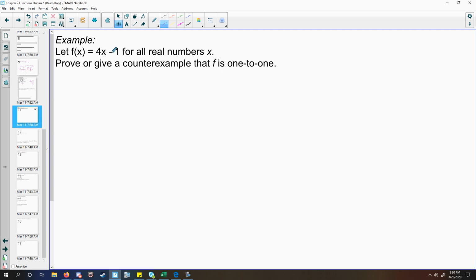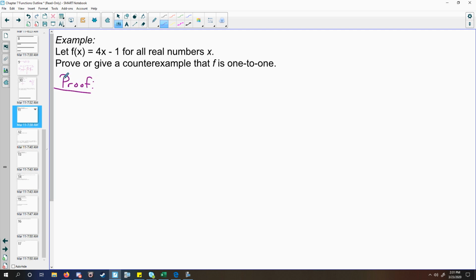If you think about the linear equation we just looked at, there will always be a consistent increase, and we don't have to worry about any repeated y values. So we should know already going into this that this is a one-to-one function. So how do we prove that?